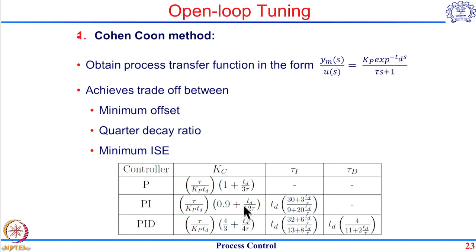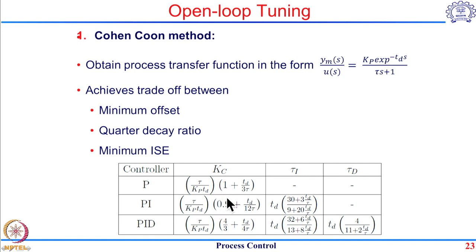Now, one thing I would like to draw your attention to is, if you focus only on the controller gain, you would see that the method says that if I use a certain gain for a P controller, then if I go from P to PI controller, I should cut down on the gain.